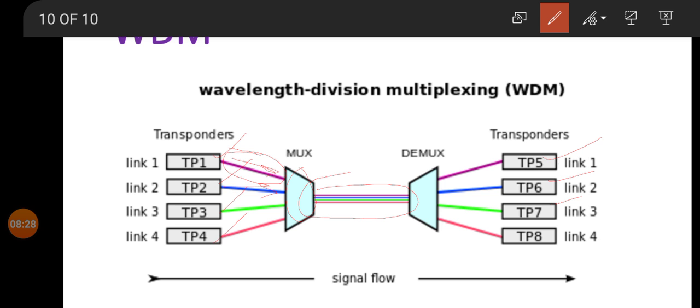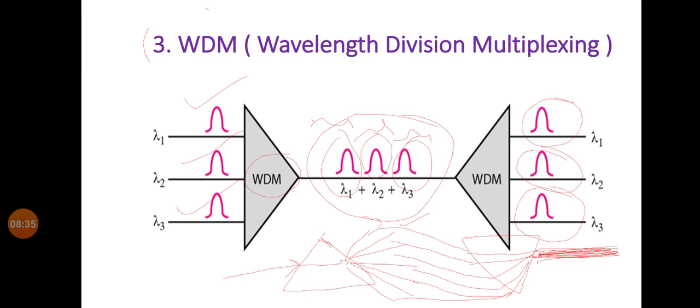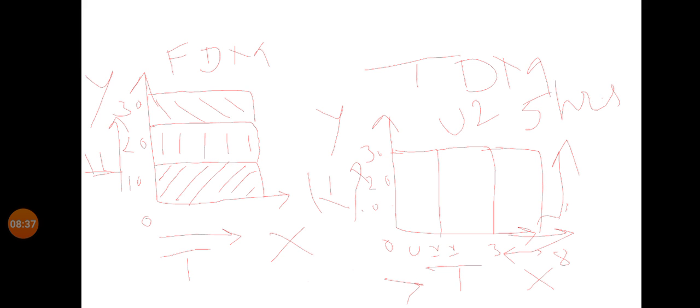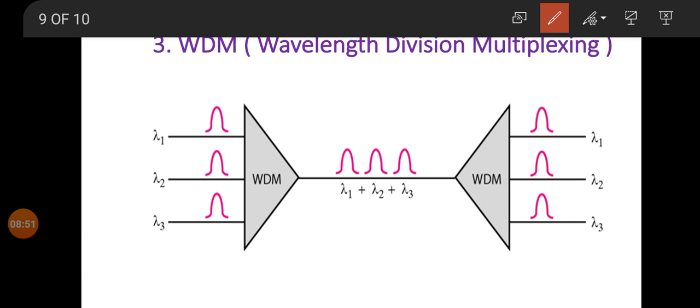So once again I will explain the prism theory here. What happens in a prism is, for a prism kept like this, a white light beam is passed like this.